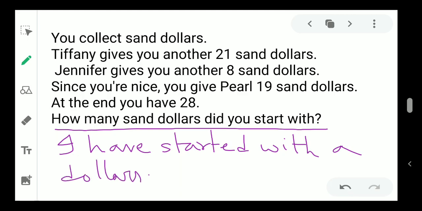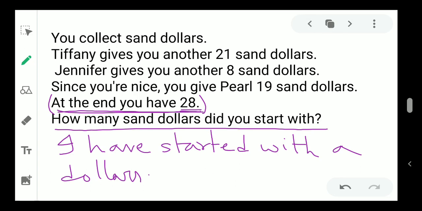Now see, what is the second part you have to do? Again I am making you remember, that is, you have to find out the reference is given or not. So in this case also reference is given. At the end you have 28. So 28 is my reference value, and that will be in my right hand side. At the end I have, so now I have to find out one expression that will tell me how much I will have at last with the help of this variable a.